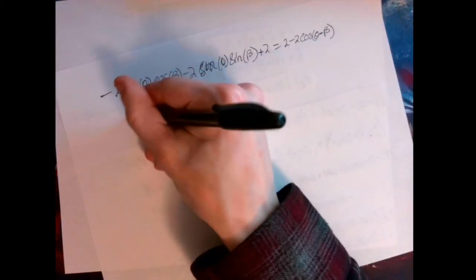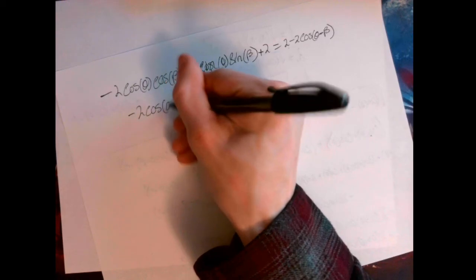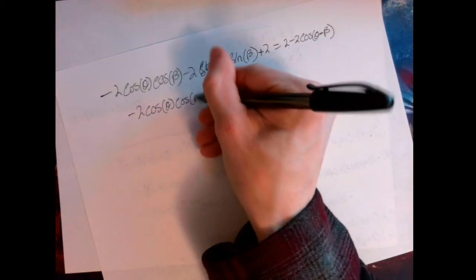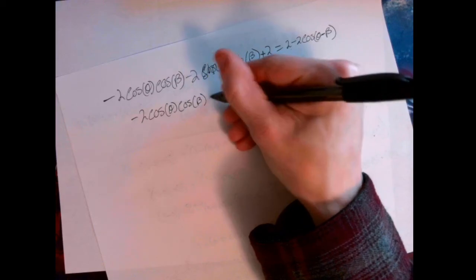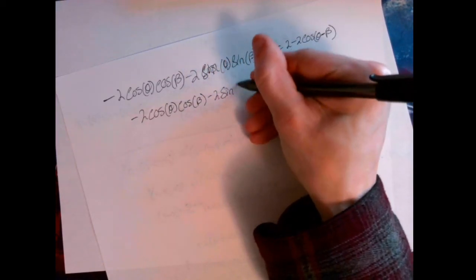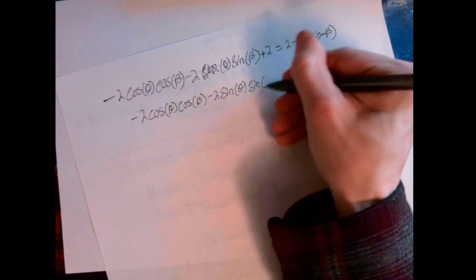Remember, from the use of the Pythagorean identity to simplify that a little bit further, we have 2 minus 2 cosine of theta minus beta. And then from here, we just subtracted the 2 over. We have negative 2 cosine of theta cosine of beta minus 2 sine of theta sine of beta equals negative 2 cosine of theta minus beta.